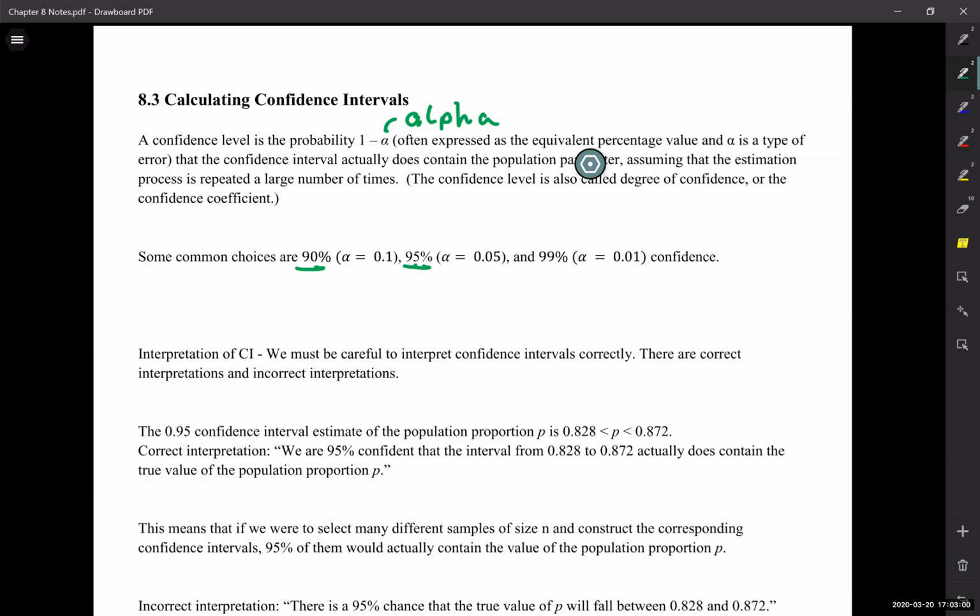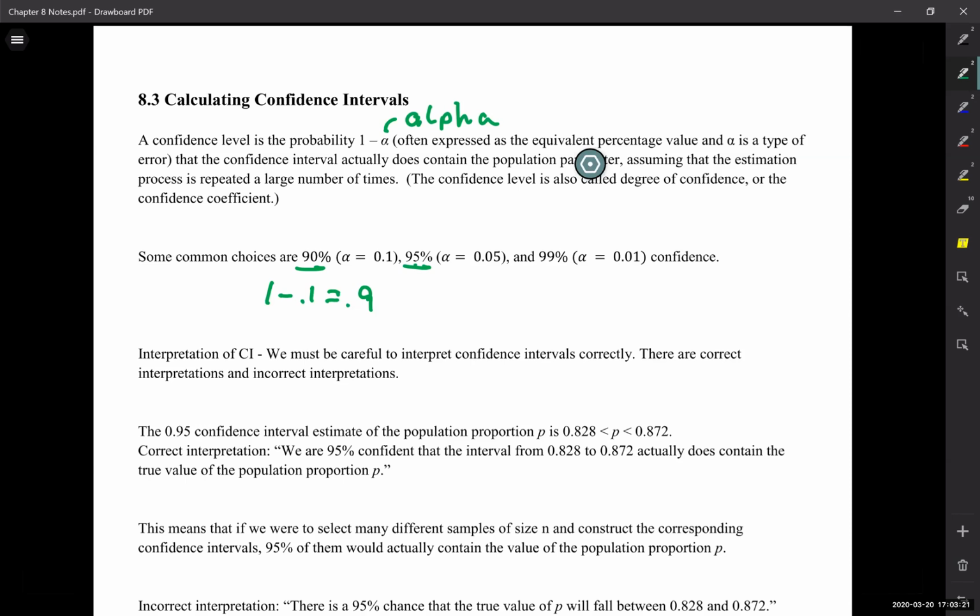And so alpha is the complement to this. We're going to subtract it from 1. So if I have a 90% confidence interval, I could calculate alpha by subtracting 1 minus 0.90, which gives me 0.10, or 10%.